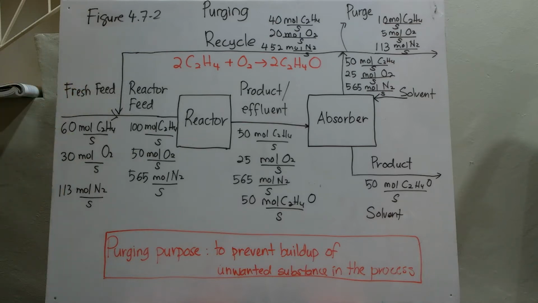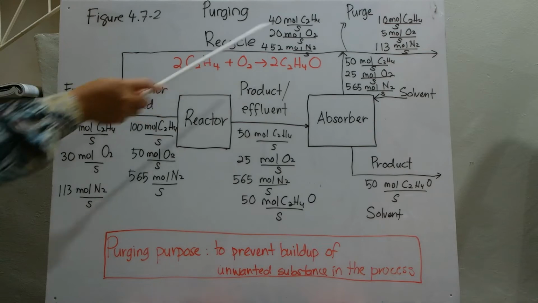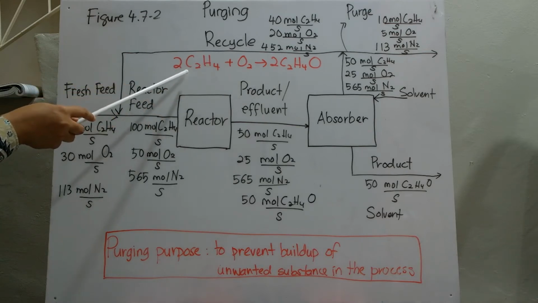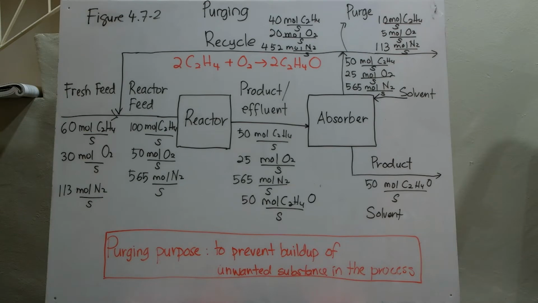From your textbook, they give you a figure of a production process of ethylene oxide. To produce ethylene oxide, it requires the oxidation of ethylene. So we look here. The process has fresh feed and reactor feed, where the reactor feed is made of the recycled stream mixed with fresh feed.